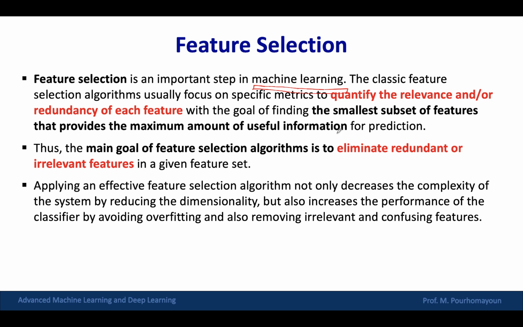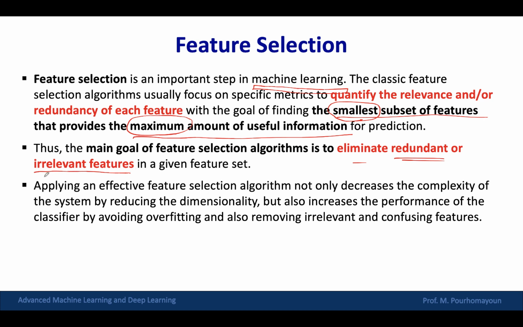So we want to find the smallest subset of features that provides the maximum amount of useful information. So look, there are two optimizations here: a smallest subset of features, or the minimum size with the maximum amount of information, and eliminate redundant or irrelevant, useless features.